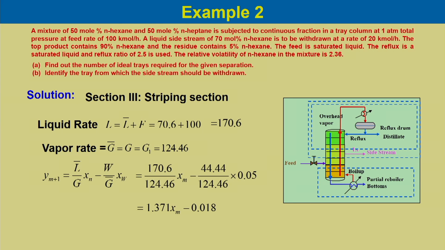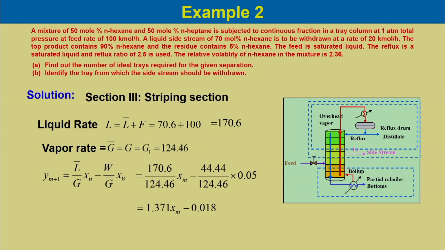Now, for section 3, which is the stripping section, the liquid rate L bar is equal to L plus F. So, L is 70.6 plus feed, which is 100 kilomole per hour. So, it would be 170.6 kilomole per hour, the liquid rate.